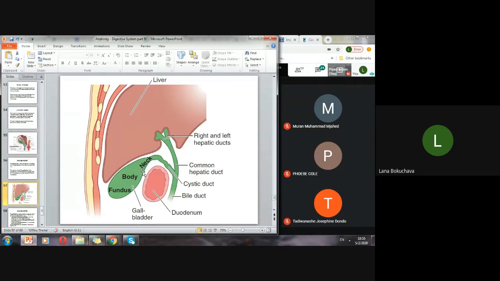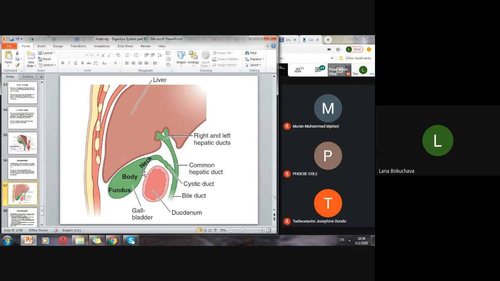As soon as we delicately start to elevate it, we can see the gallbladder and how it is very closely residing on the superior part of the duodenum. They are really very closely attached to each other.